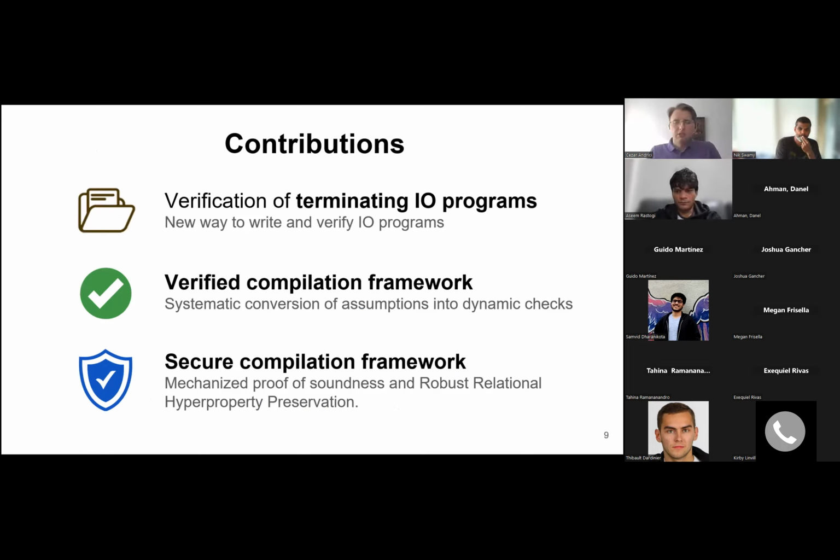So the contributions. The first is how to verify terminating IO programs. We build on Dijkstra monads, the paper Dijkstra Monads for All, and here we present an effect that allows us to verify our programs. We also present our compilation framework, which systematically converts assumptions into dynamic checks.